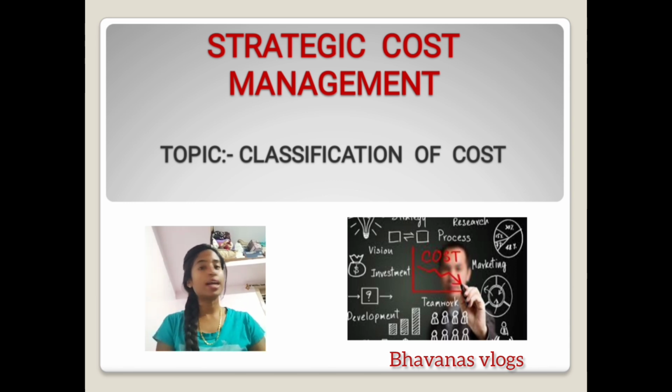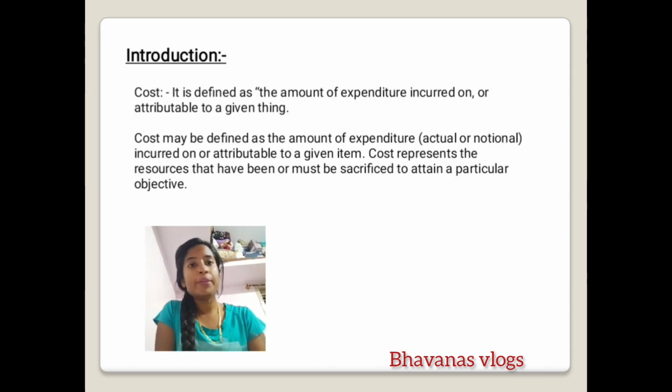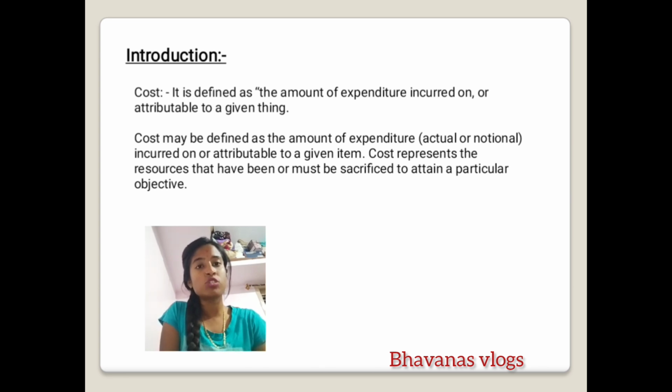So now let's begin the classifications of cost. Introduction. Basically, what is cost? Here, cost is defined as the amount of expenditure incurred or attributable to a given thing. Cost is nothing but the amount of expenditure the company incurred for a particular product, and giving a price to that thing is called cost.